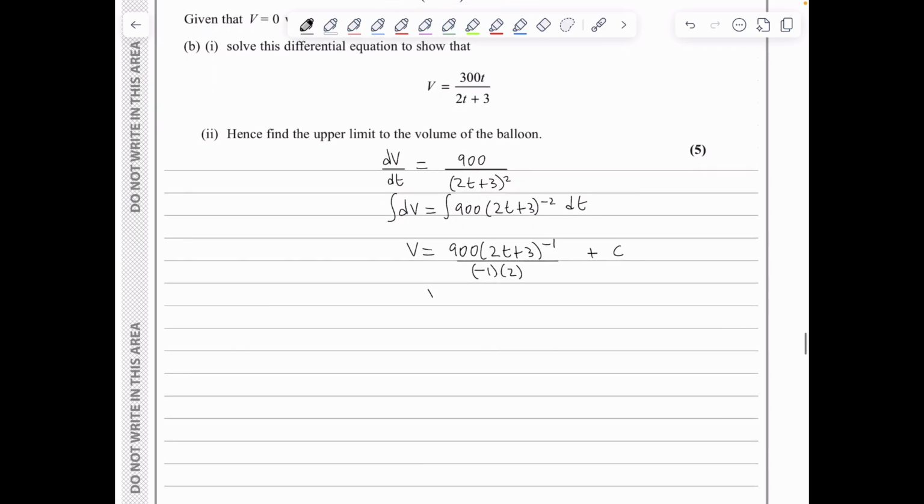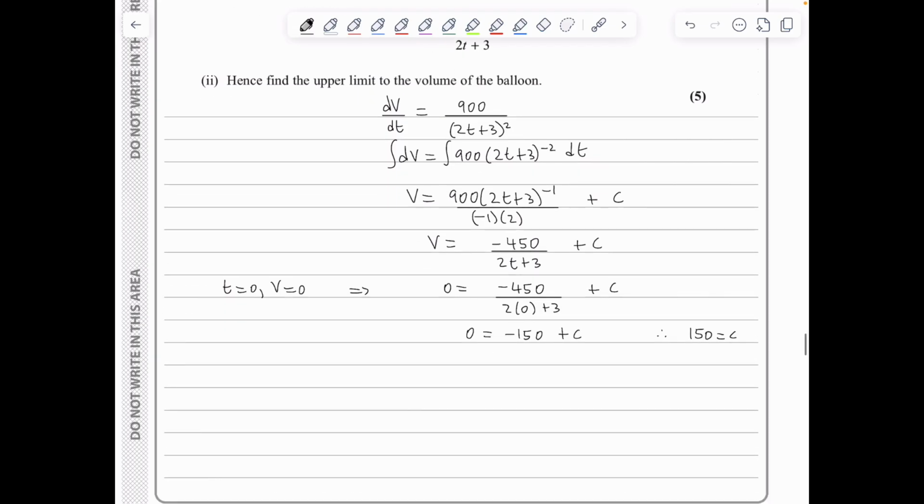So we're looking at V being equal to -450/(2t + 3) + c. I will use the fact that when t is 0, V is 0 to find the value of c. So we're looking at 0 = -450/(2 times 0 + 3) + c. So we're looking at 0 = -150 + c, which of course leads to c being 150.